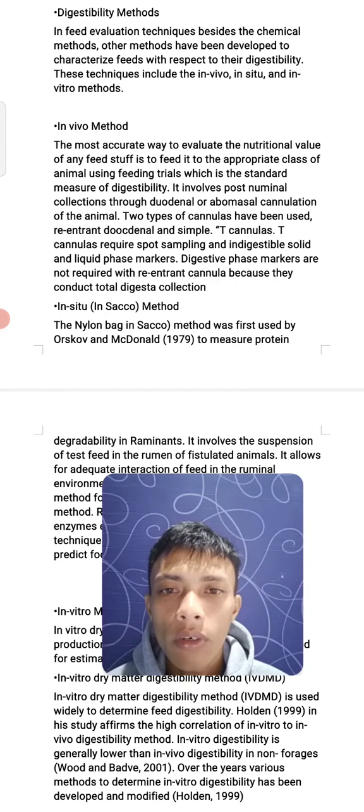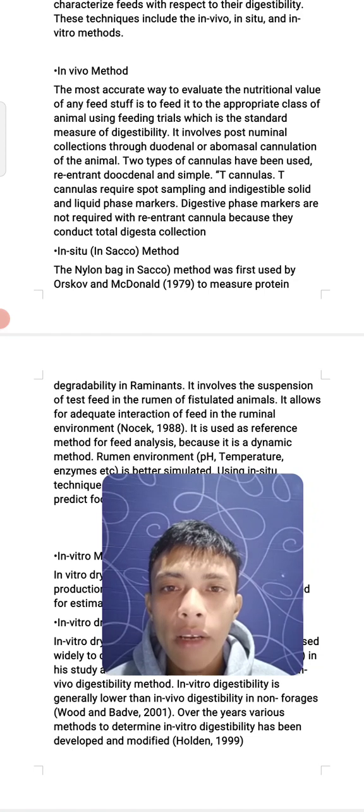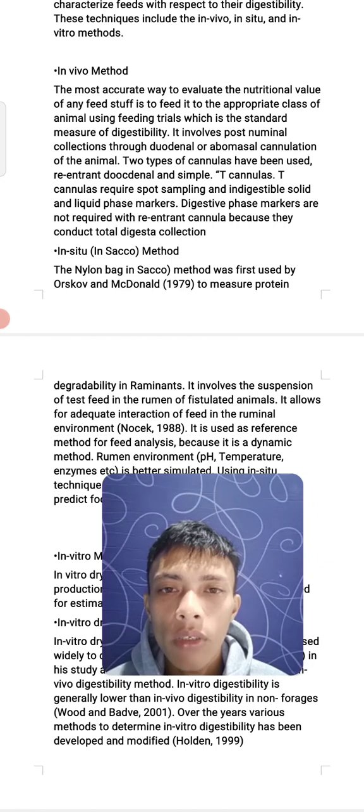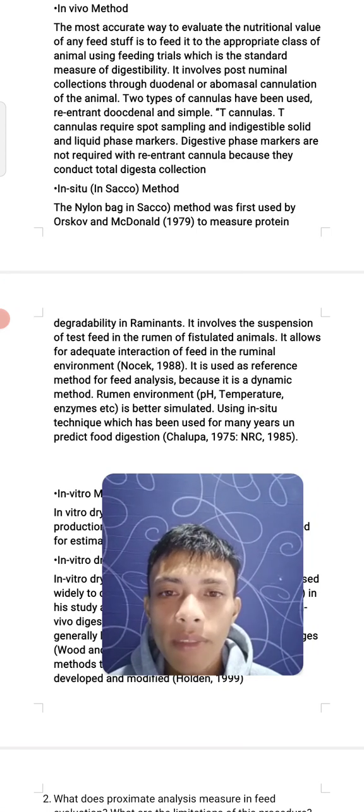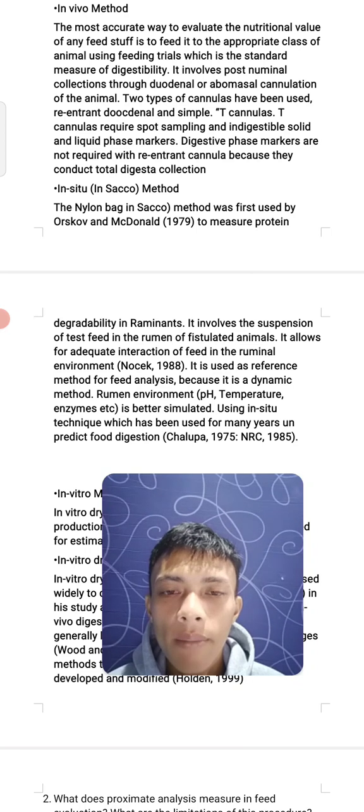In situ or in sacco method. The nylon bag in sacco method was first used by Ørskov and McDonald in 1979 to measure protein degradability in ruminants. It involves the suspension of test feeds in the rumen of fistulated animals.